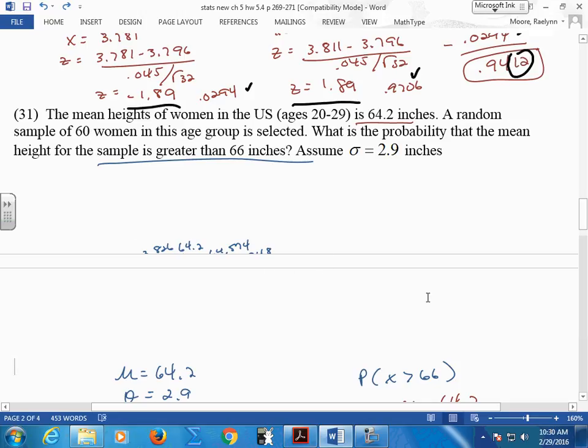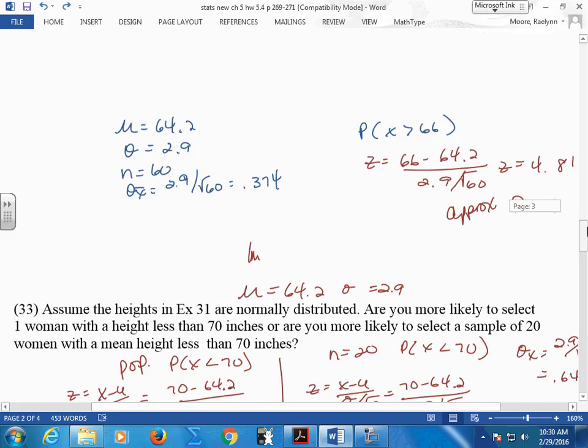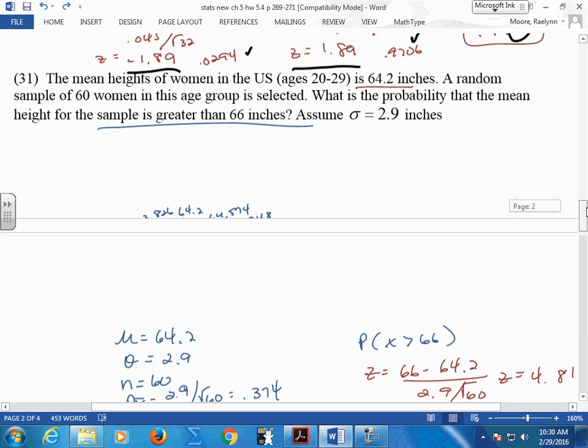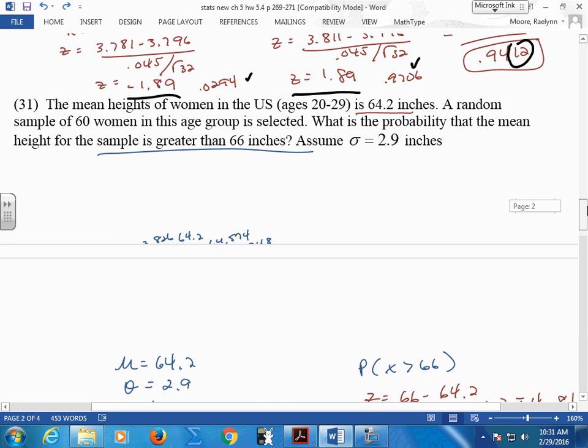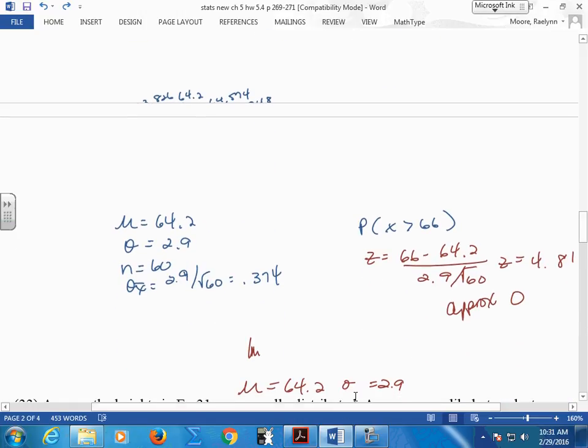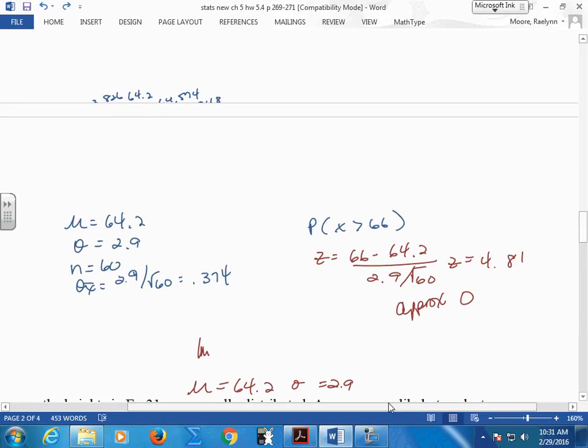Something went on with this page jump. Can you all make this out okay? It's got a probability statement in here. Probability that it's greater than 66. Some of them that I fixed after we switched to the new one got a little bit messed up. I don't know what was going on up there.